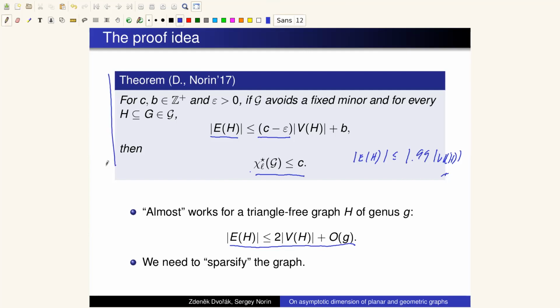And the way we make them sparser is that we delete some things from them. In particular, it turns out that you can make these graphs sparser if you delete vertices of degree 3 and 4-cycles formed by vertices of degree 4.